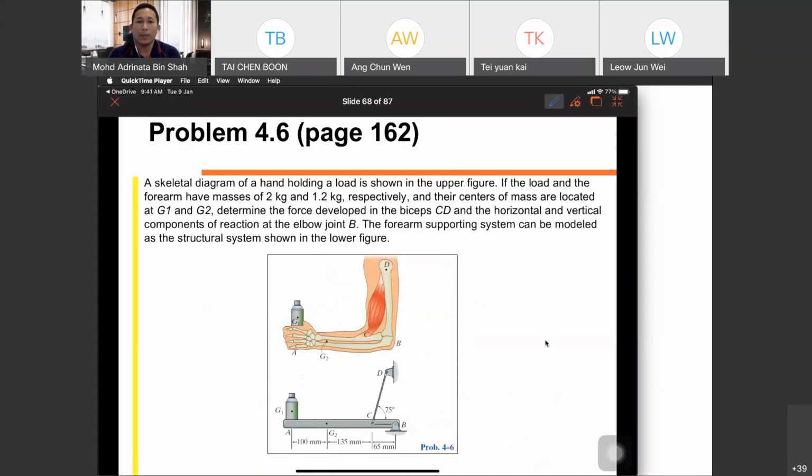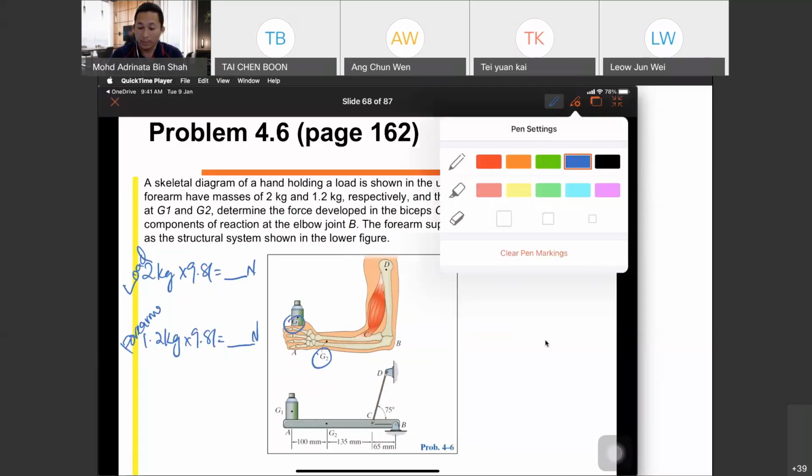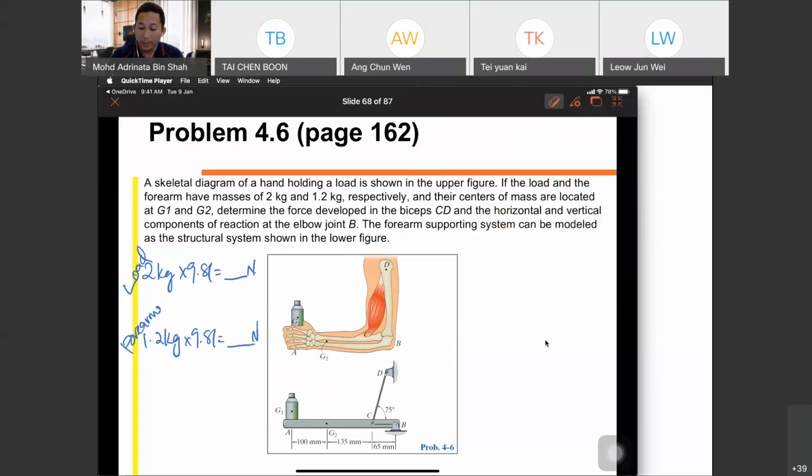If the load and the forearm have masses of 2 kg and 1.2 kg respectively, and their centers of mass are located at G1 and G2.